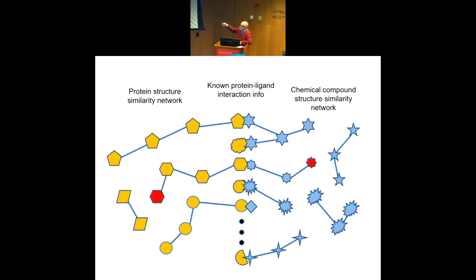I don't have results to show you, but ultimately the notion is to go from compound in red to protein in red, or from protein in red to compound in red.